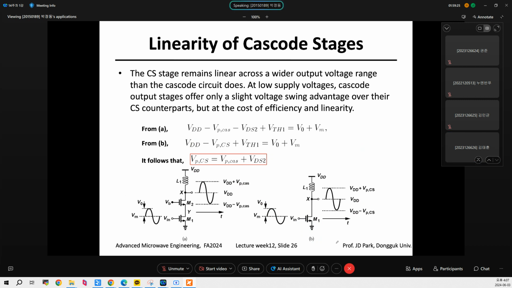For linearity, the cascode has inferior performance compared with the common source amplifier.